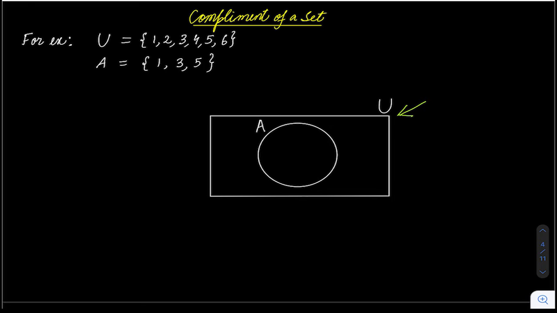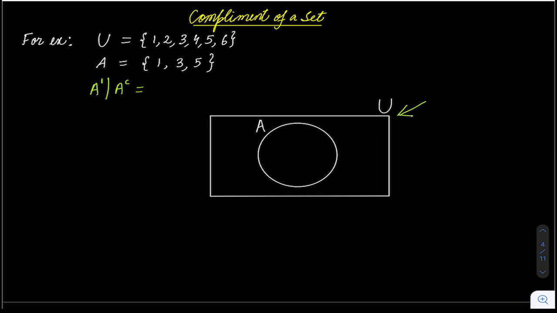So complement of a set. If a set A is {1, 3, 5}, then complement of A is written like this, A dash, or sometimes it's written like this also, A complement, A with a small c on top.